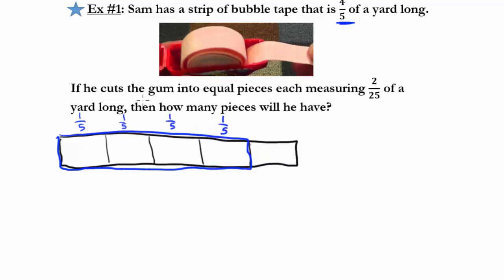Okay. He wants to cut the gum into pieces measuring 2/25. I don't have any 25ths here. However, I do know that in 1/5 there are 5 25ths, because I can multiply top and bottom by 5.